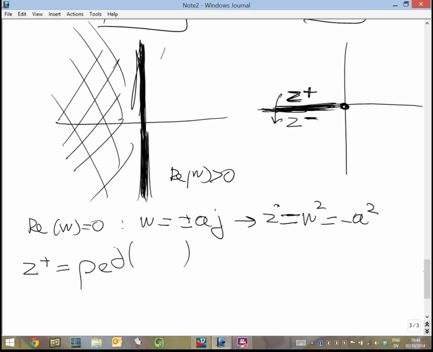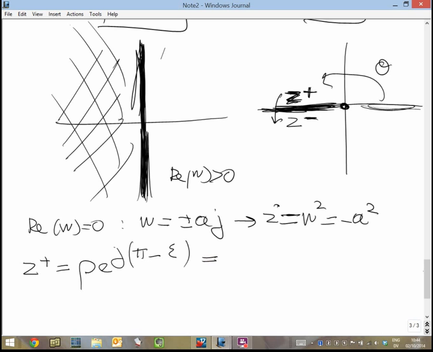Well, of course, you know phase starts at 0 here and then increases like that. So this is how you count theta. So the phase for a point Z plus is not quite pi, but it's a little bit less than pi. So it's pi minus a certain small value, epsilon. And of course in the limit, epsilon will go to 0, right?